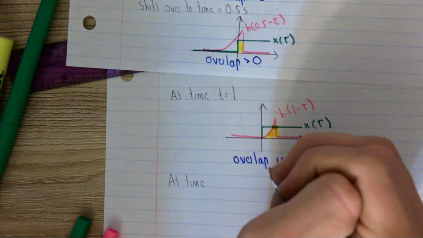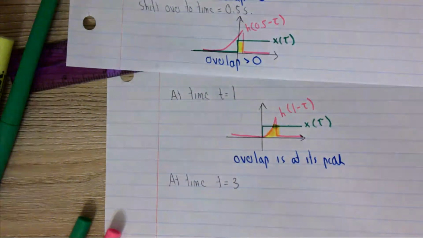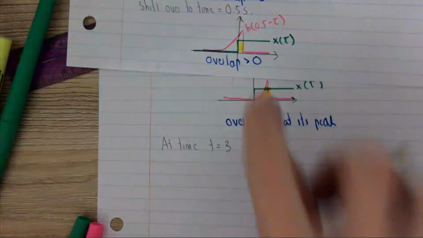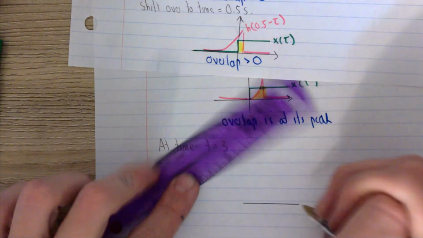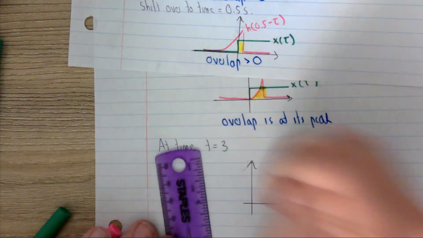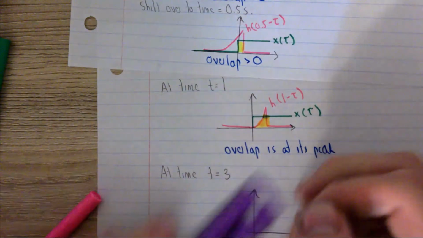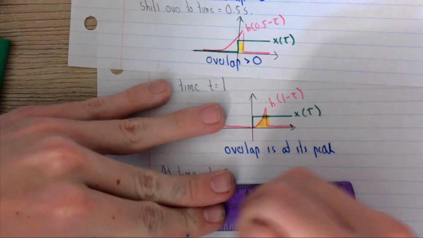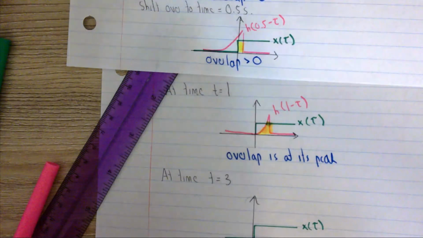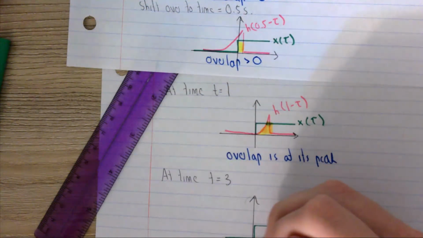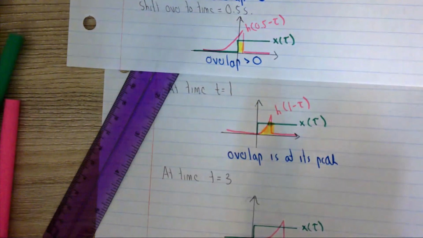So what we're going to see then at any time greater than, I'm just going to choose an arbitrary point, t equals 3, is that the overlap is exactly the same. The overlap is going to remain exactly the same, and this would now be shifted over about 3. So the overlap is exactly the same under the curve here.